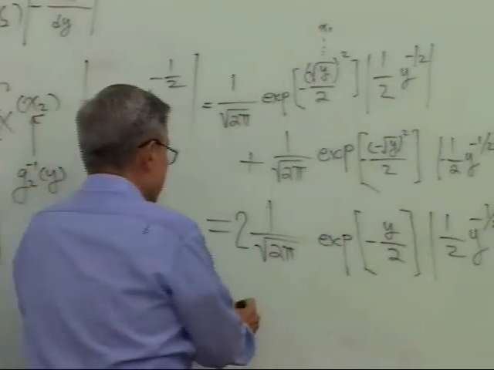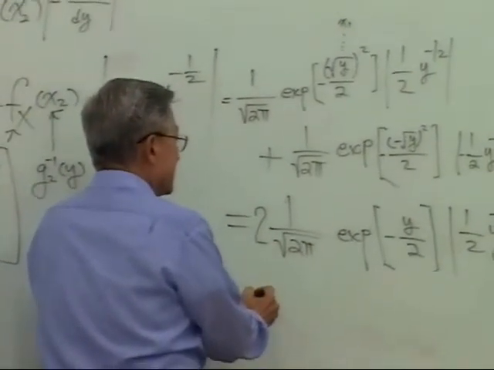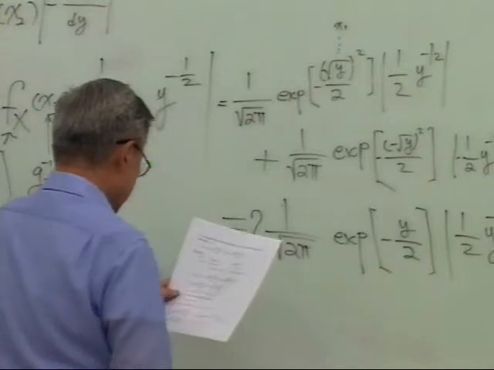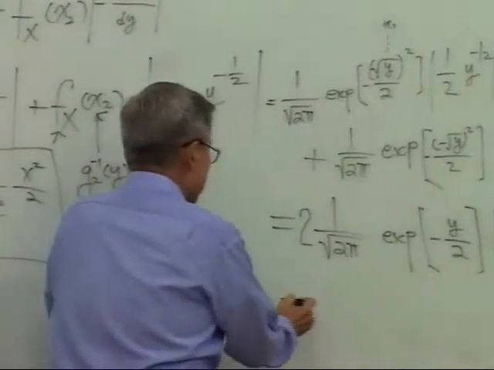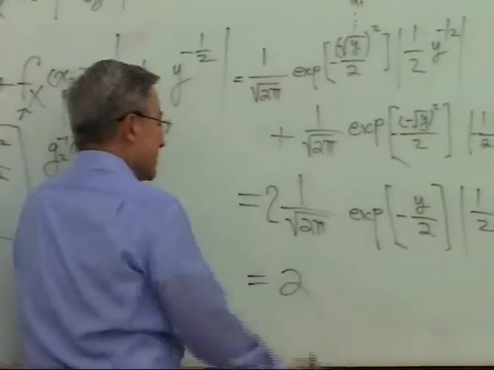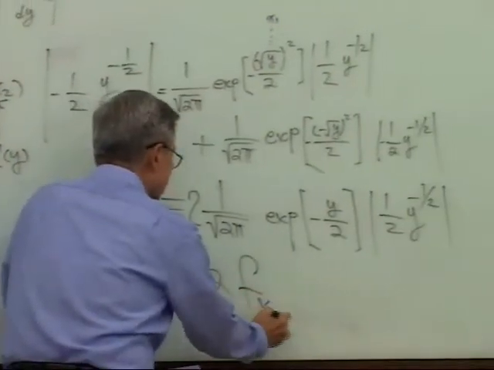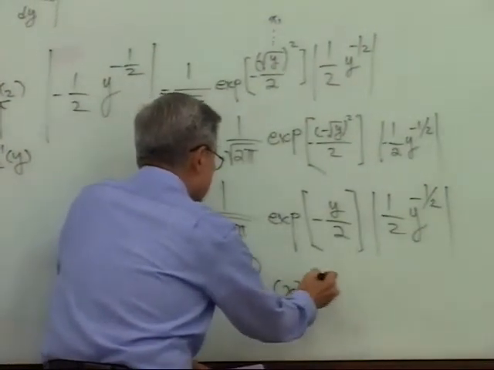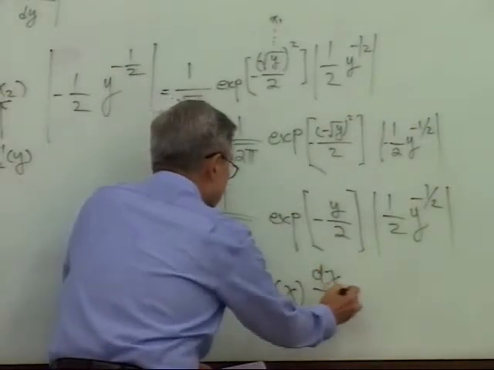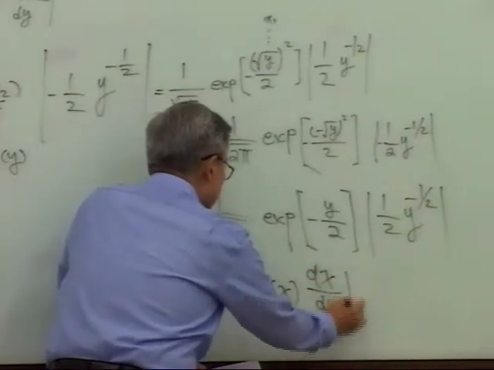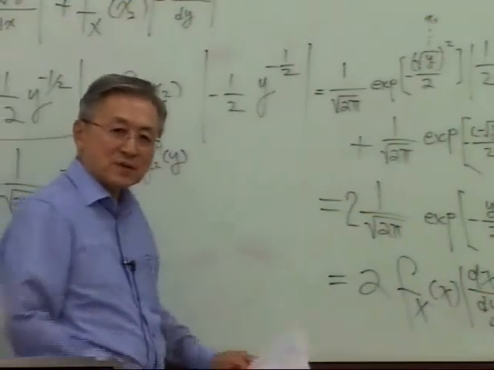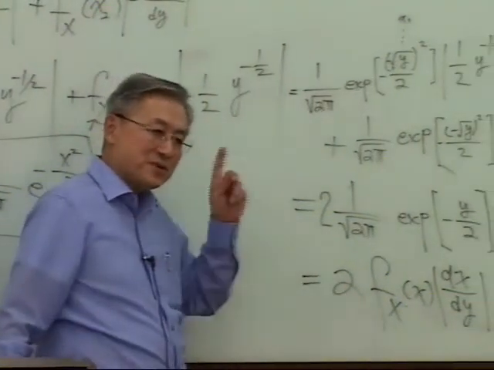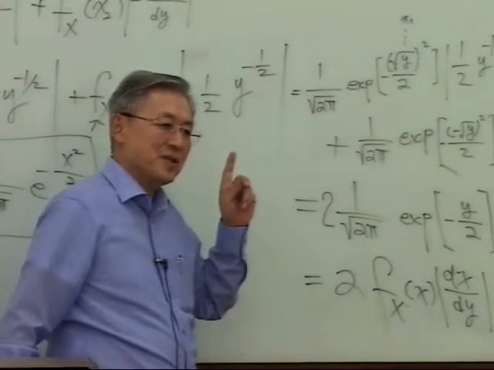Well, I think this is the end of it, isn't it? So this is equal to twice fx, x is dx over dy. Can I do that? So back down to very simple, but there is one assumption left.